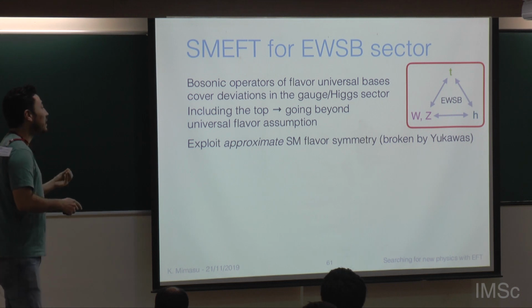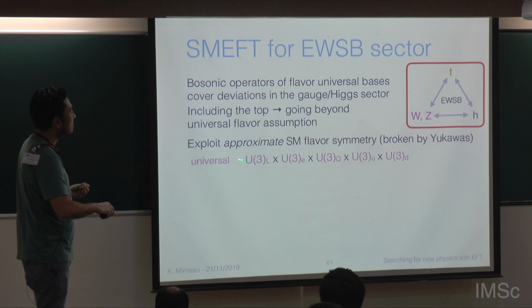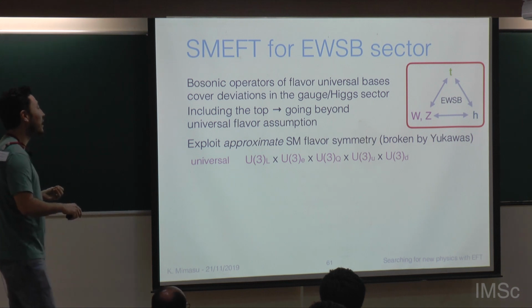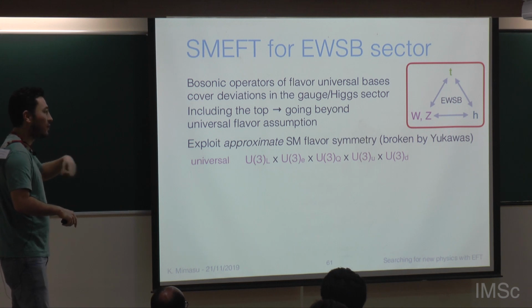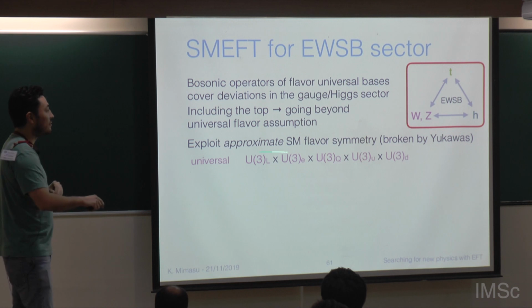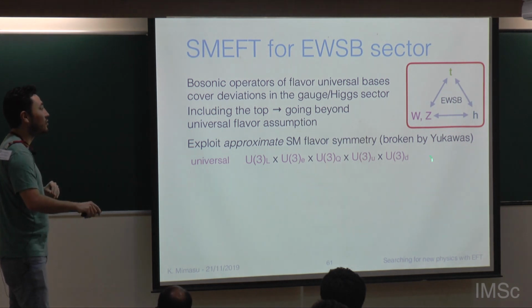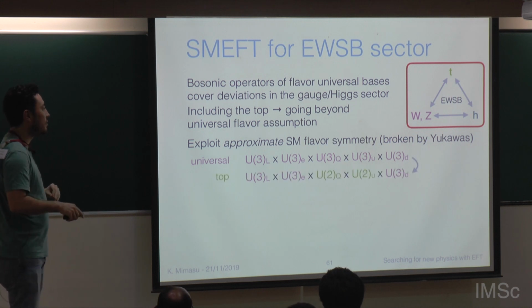And a good way of doing that is to use flavor symmetries themselves. So this universal case corresponds to saying that each fermionic representation of the standard model gauge group has its own U(3) symmetry, where I can just rotate them in any way and I don't change anything, right? So if I assign the same coupling to all the generations, you find that the Lagrangian has this symmetry, except for the Yukawa couplings, which actually break this symmetry.